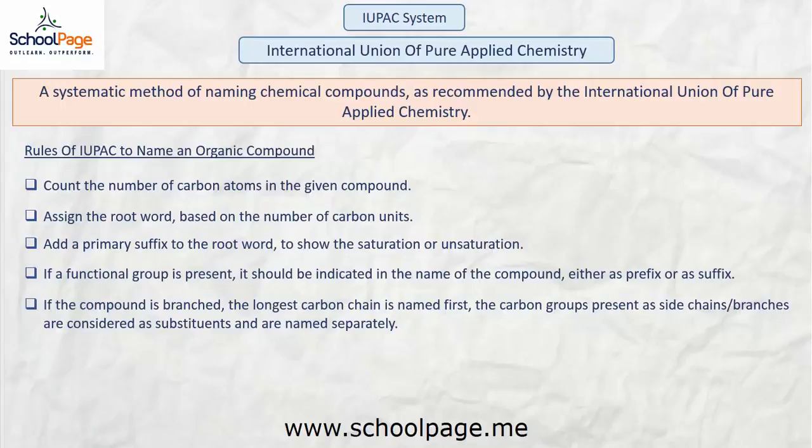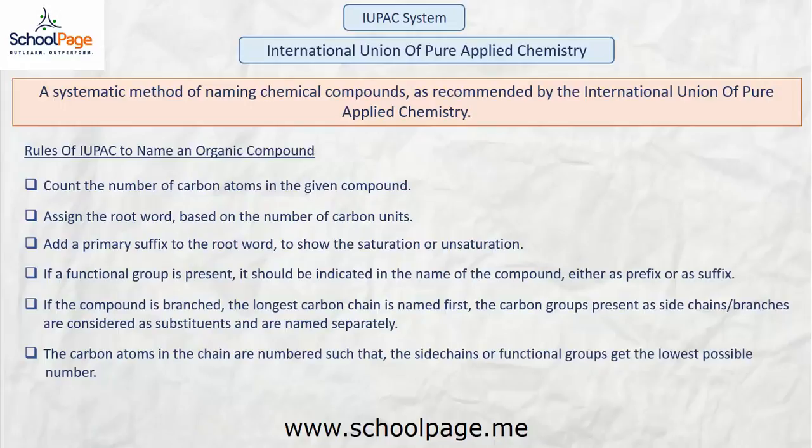Then also observe if the compound is branched or not. If it is branched, then the longest carbon chain should be named first. It should be taken care that the carbon atoms in the chain are numbered such that the side chains or the functional groups get the lowest possible number. Now, these are the rules which are laid down by IUPAC.